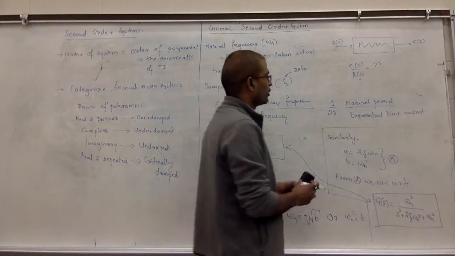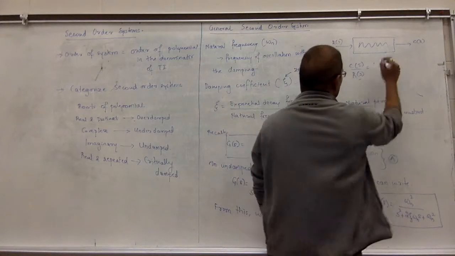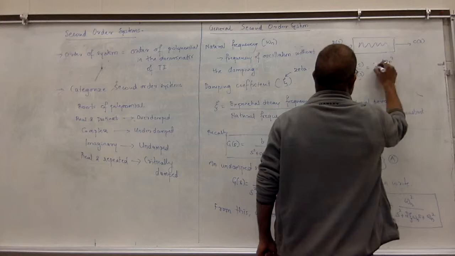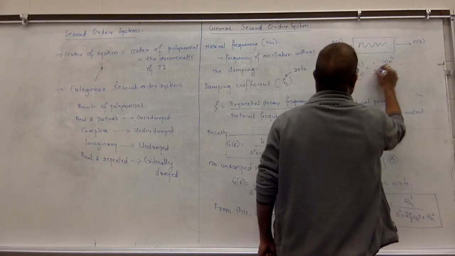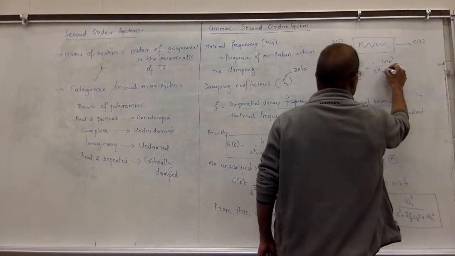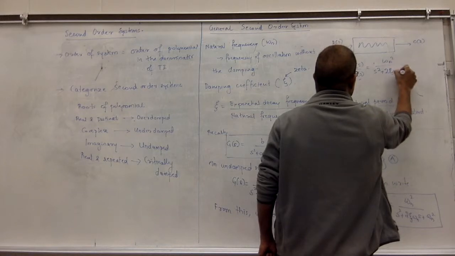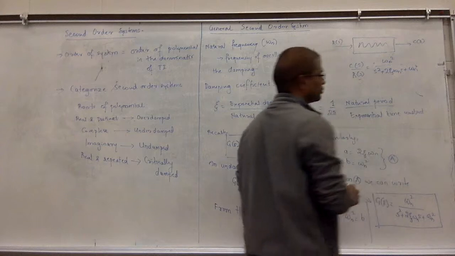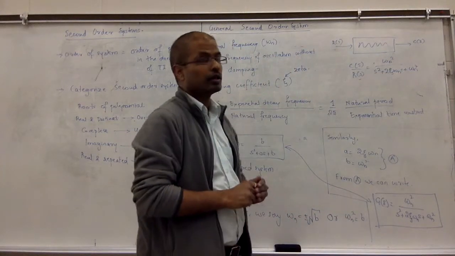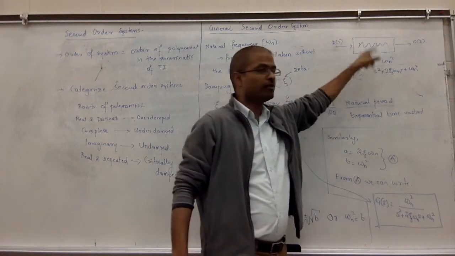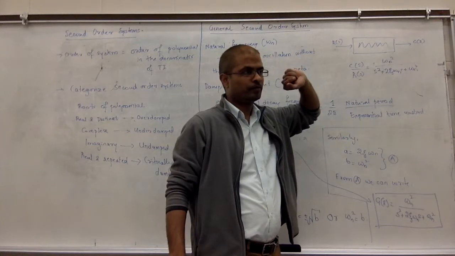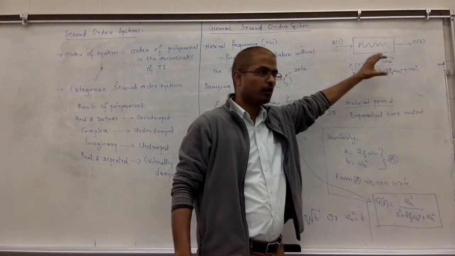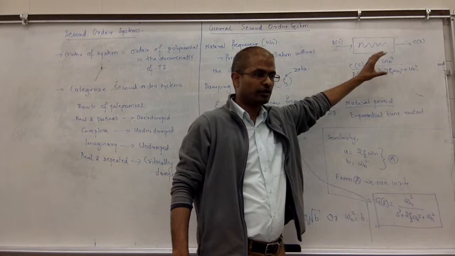C of S over R of S would always be omega n square divided by S square plus 2 zeta omega n S plus omega n square. Always. If it's a second order system, it will always be like this. It may have a gain, but overall the system transfer function will look like this.